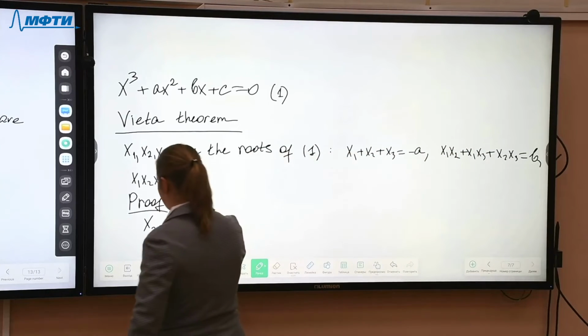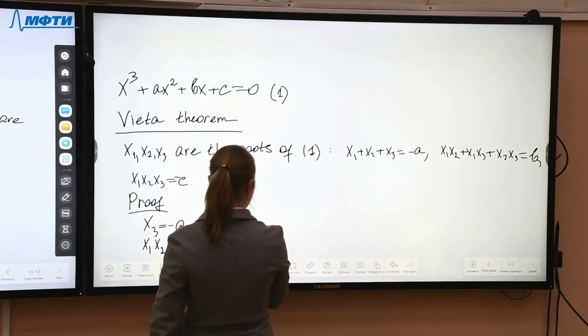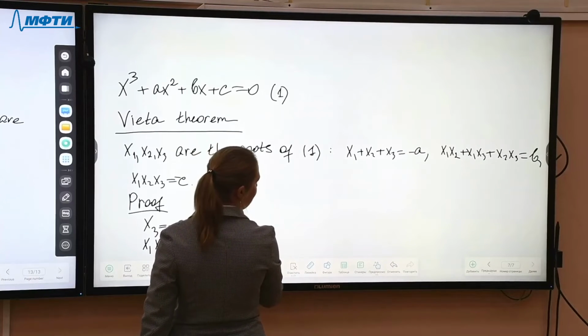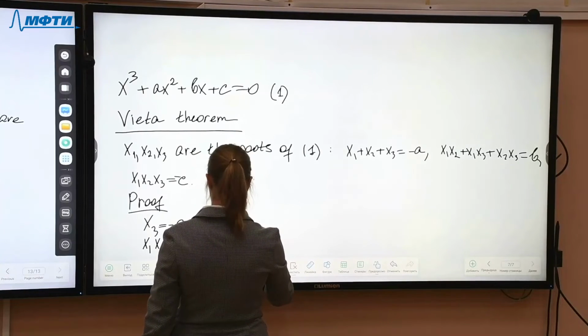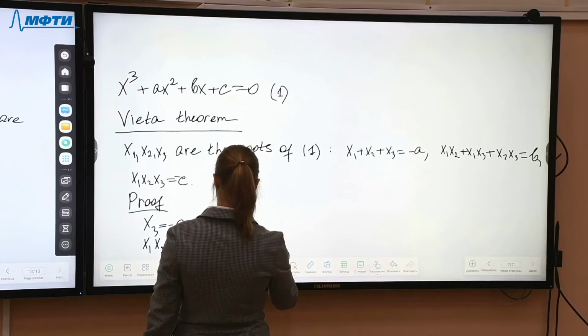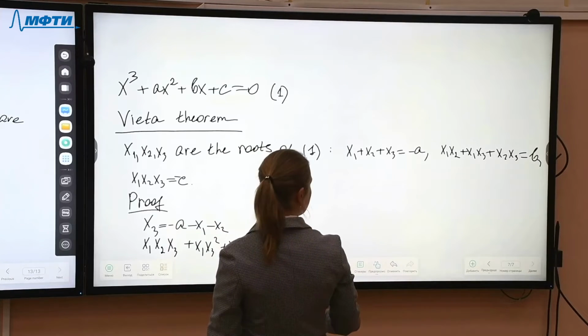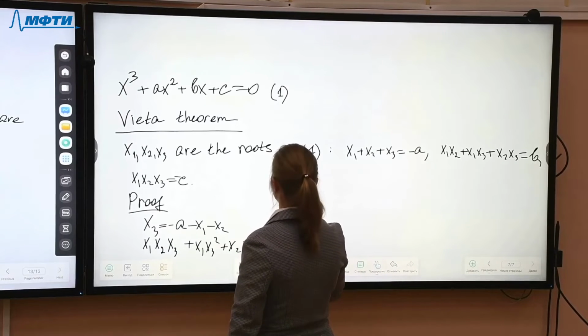And we have x1 x2 x3 plus x1 x3 squared plus x2 x3 squared plus b equals b x3.